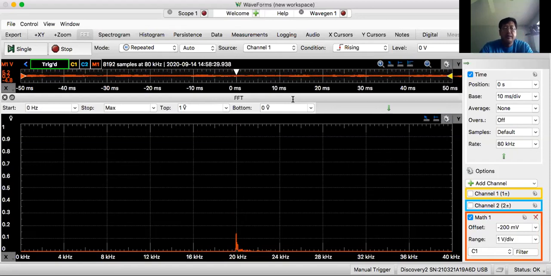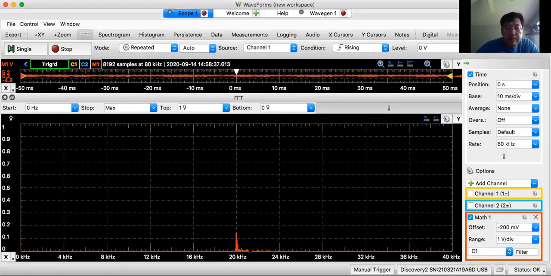So this will be the bandpass filter to keep the upper sideband. So that's the result. Upper sideband from here to 5.